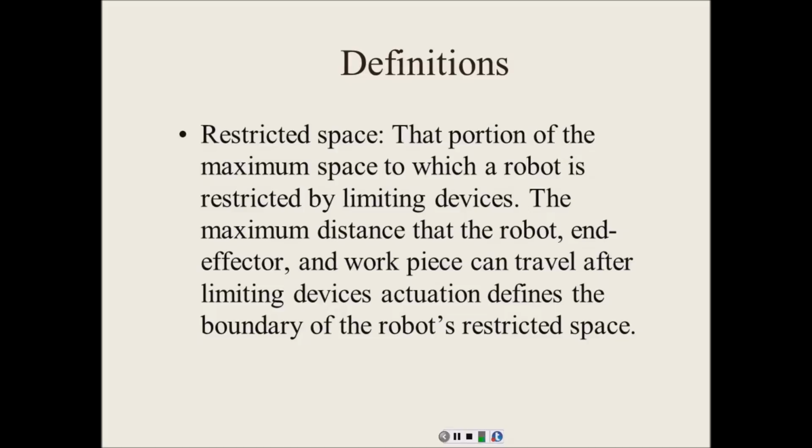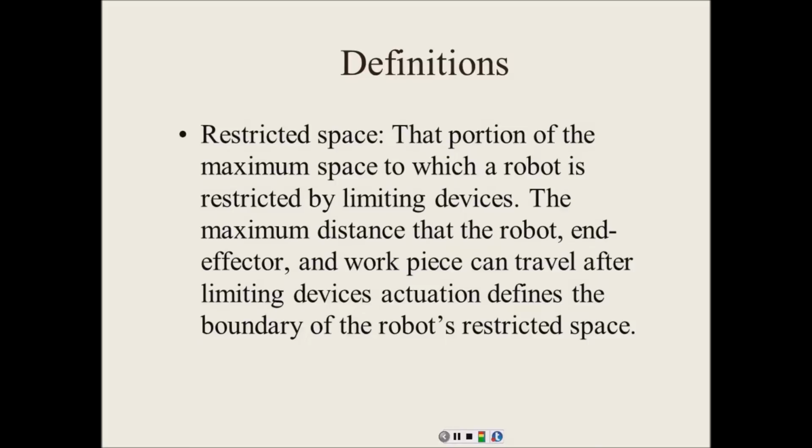So the restricted space is the portion of the maximum space to which the robot is restricted by limiting devices. The maximum distance the robot, end effector, and workpiece can travel after limiting devices activation defines the boundary of the robot's restricted space. Do y'all understand restricted space? So these are good test questions right here.